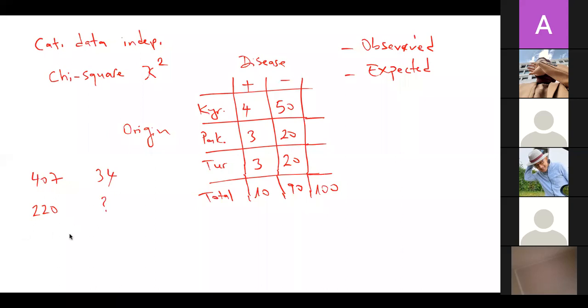The calculation would be: 220 multiplied by 34 divided by 407. So this would be my expected value.